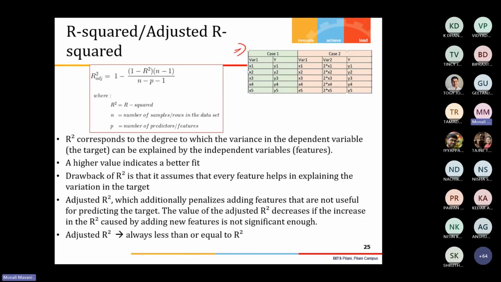Okay. Now we have this adjusted R square. Say we have a model 1 where we have one variable, that means one feature and one output. Then we created another model where we created another variable, another feature. This is say feature 1, feature 2.